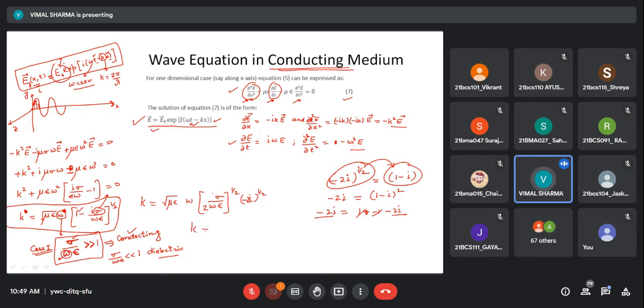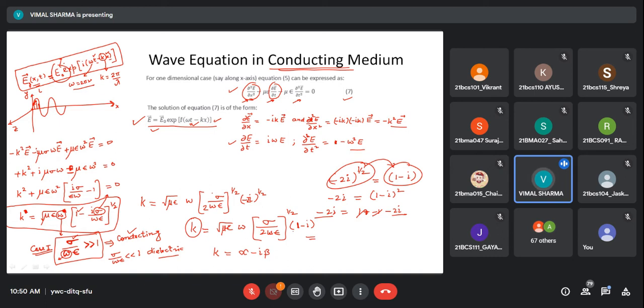So I get two components for my wave vector, an imaginary component and a real component. It is 1 minus iota, this is sigma divided by 2 omega epsilon whole under root. So I can see that K can be written as alpha minus iota beta. You can identify where is alpha.